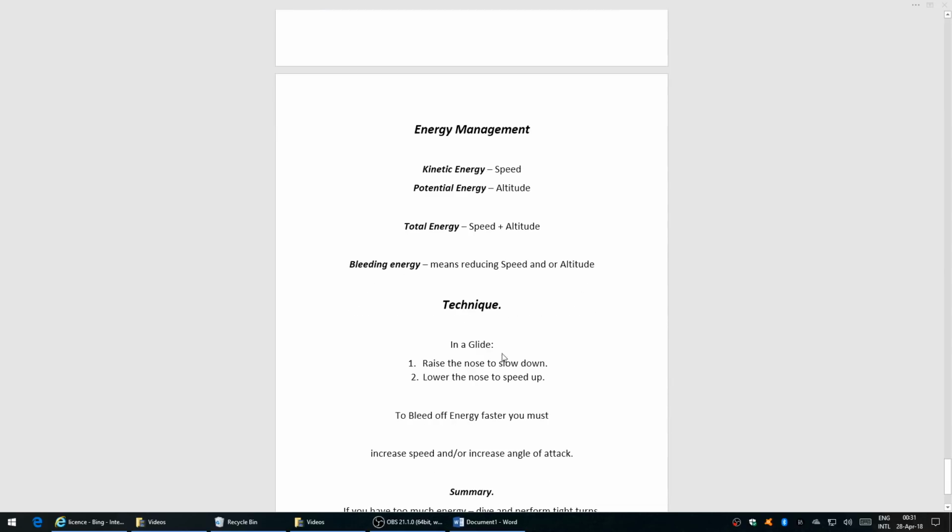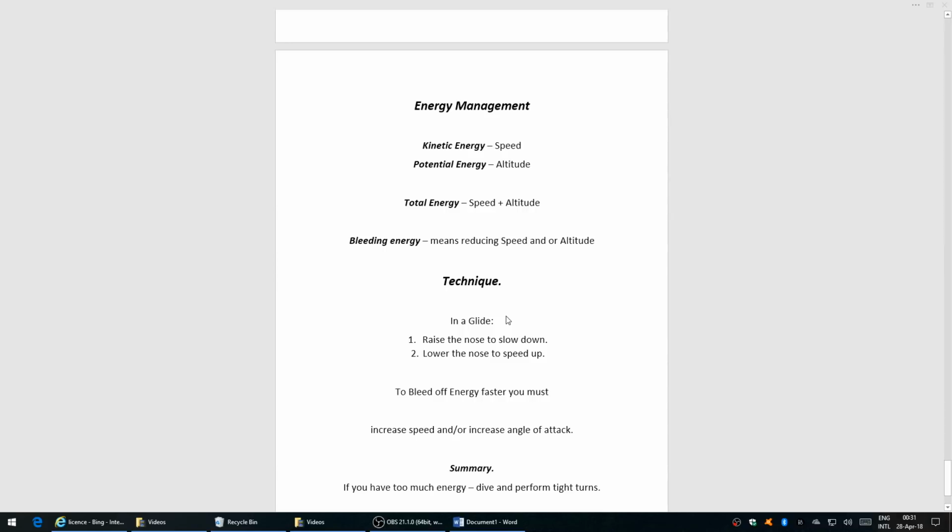Now remember, if we need to bleed energy, this means we are reducing the speed and/or the altitude. In a glide, we can control the airspeed by raising the nose, and that will cause the aircraft to slow down, or we can lower the nose to speed up.